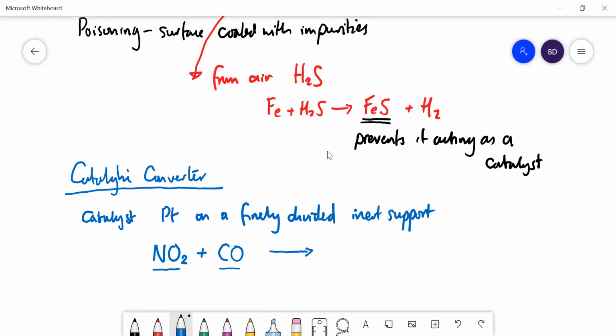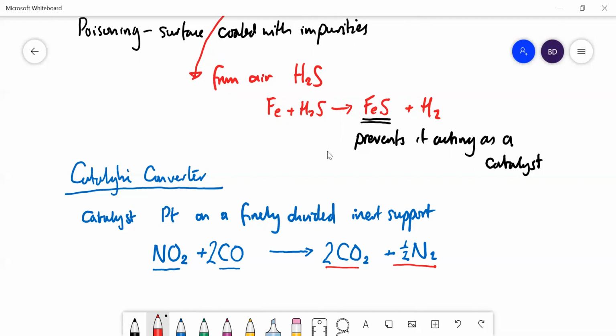And instead you're going to get carbon dioxide and nitrogen. So to balance that, I'm going to need 2 carbon monoxides, 2 carbon dioxides, and a half of nitrogen. And of course, carbon dioxide and nitrogen are not toxic.